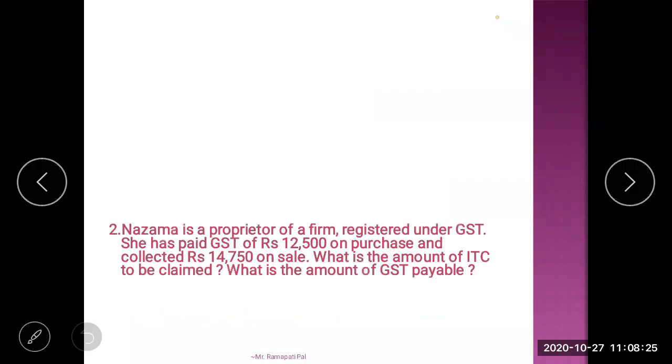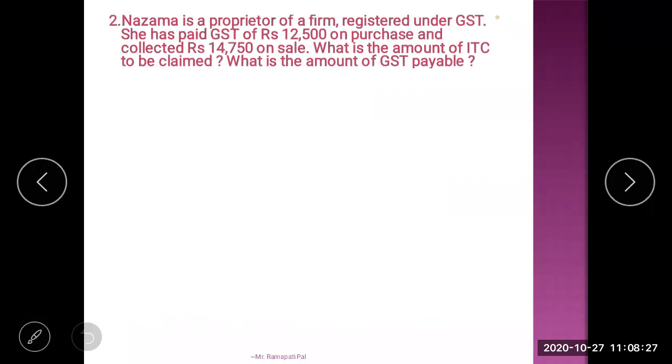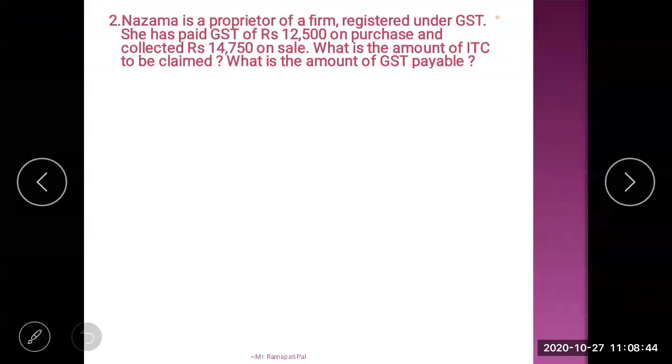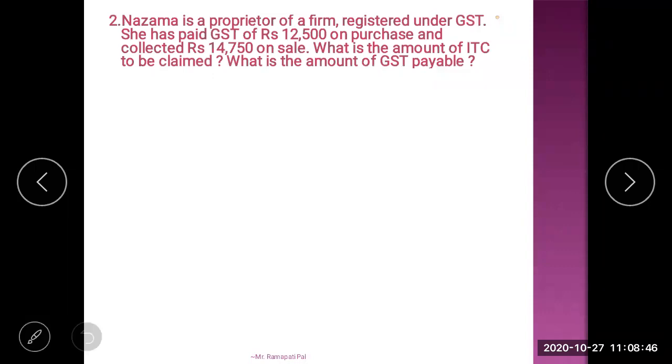Nazma is a proprietor of a firm registered under GST. She has paid GST of rupees 12,500 on purchase and collected rupees 14,750 on sale.